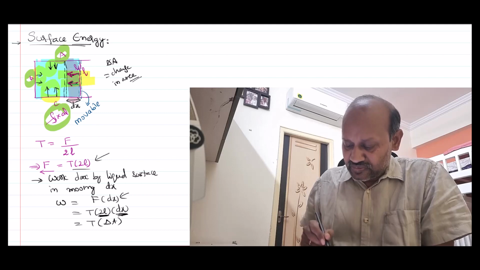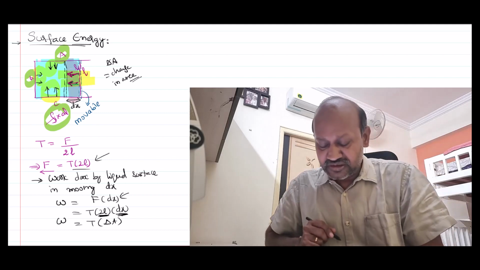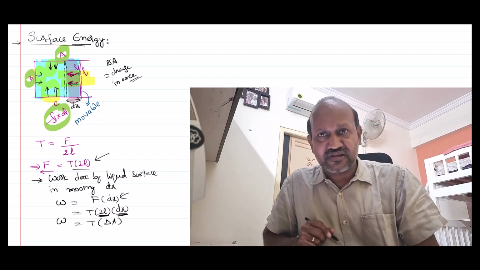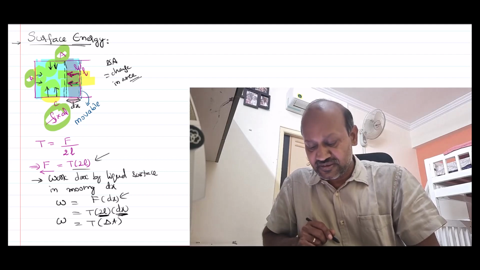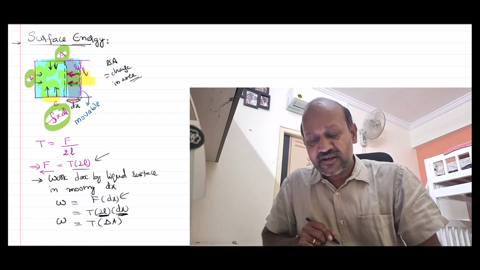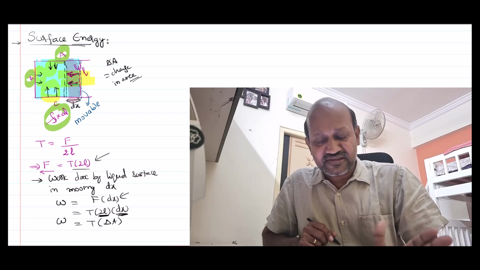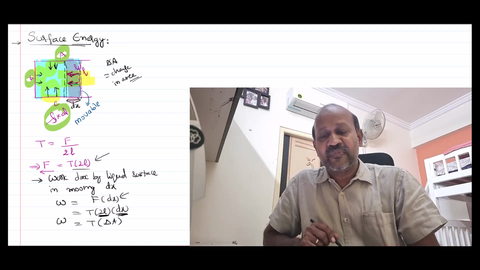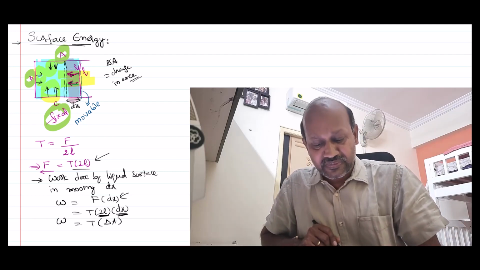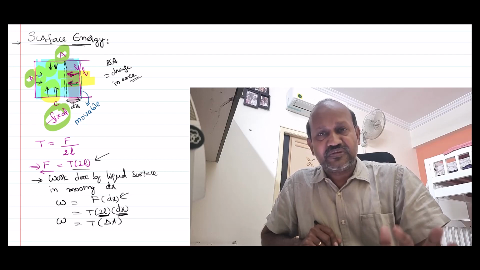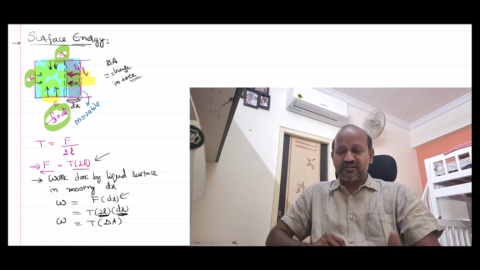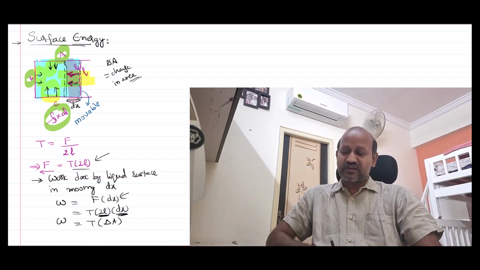So we need to do work, or else the liquid surface has done work, T into delta A, in displacing the liquid surface towards inside so that it has the minimum surface area. If you want to restore it back, we shall apply the same energy, or do the same kind of work.